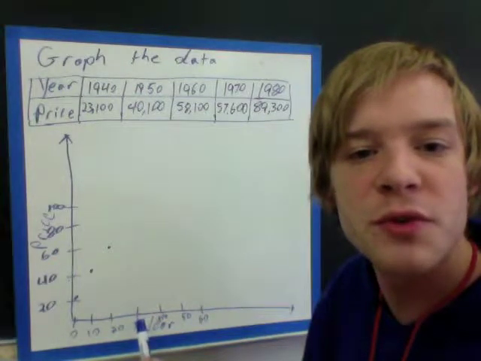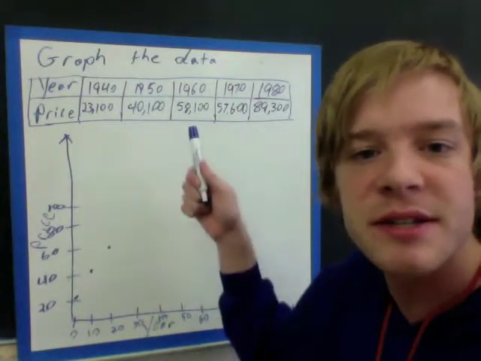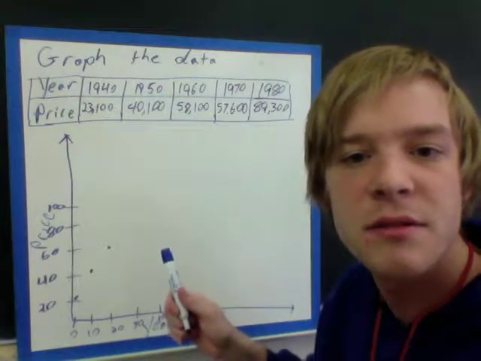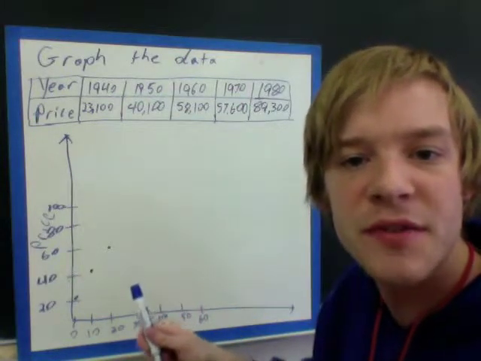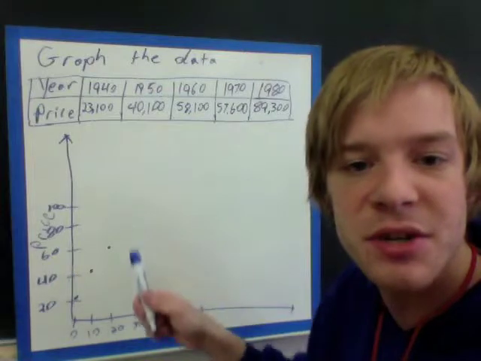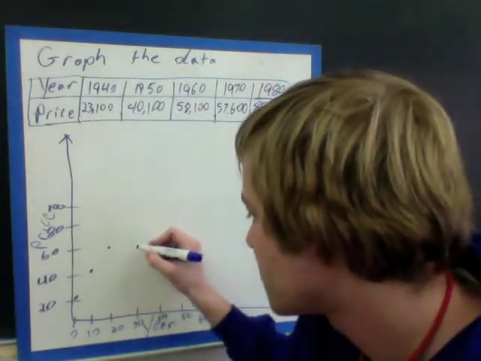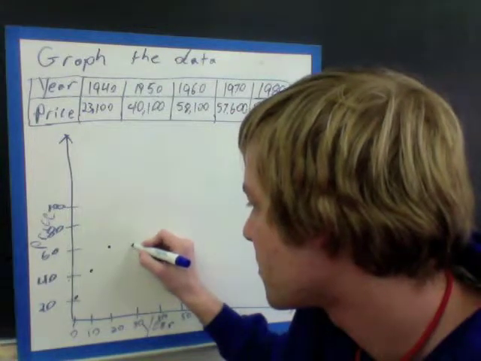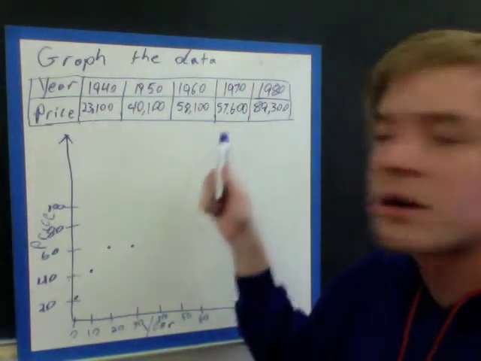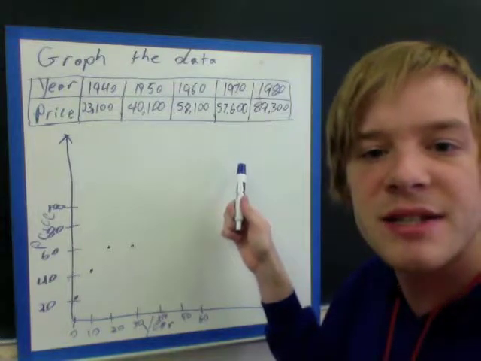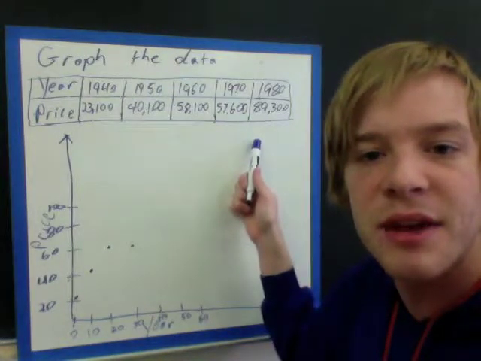If I go over to 30 years, that'll be 1970, and we've got $57,600. So it's actually a little bit below our last point there. And then lastly, 80 years is $89,300.